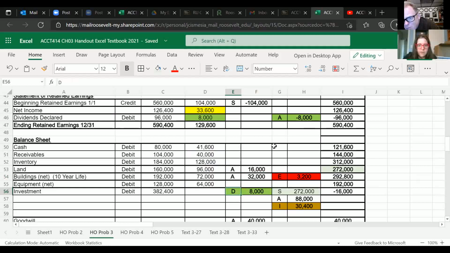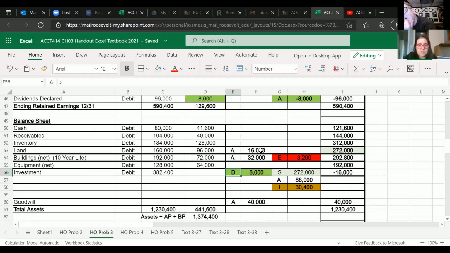And then down here, for the investment, we took out the 8,000 for the dividends as a debit. So here's where I think something went wrong. I've got the 272,000 from the land, and then the 88,000, which is the 16,000, the 32,000, and the 40,000 for goodwill.